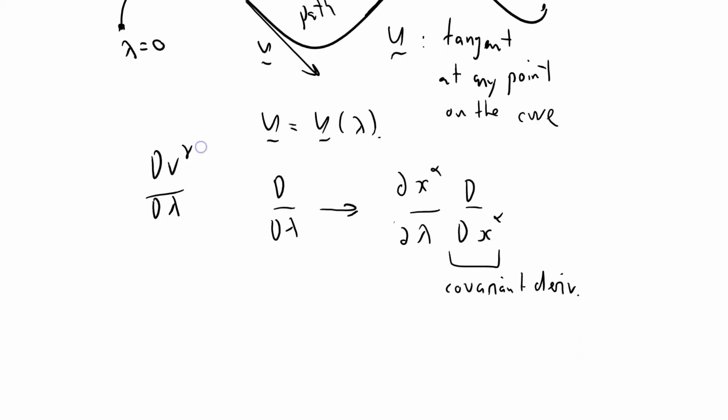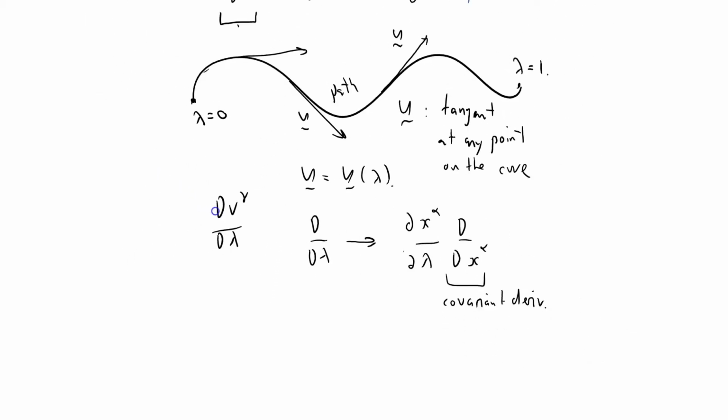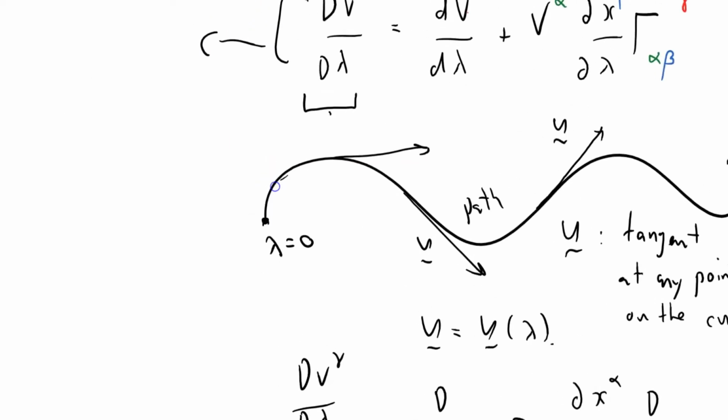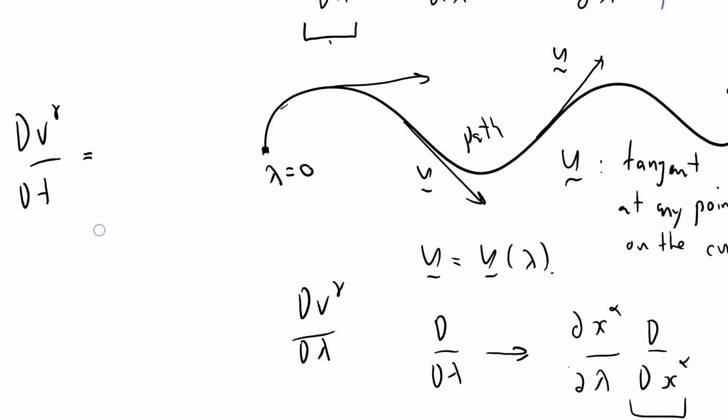It's a covariant derivative. So, if I just look at this thing here, I can rewrite that slightly differently. I can say that dv gamma by d lambda equals dx alpha by d lambda, and then the covariant derivative of v with respect to x alpha.